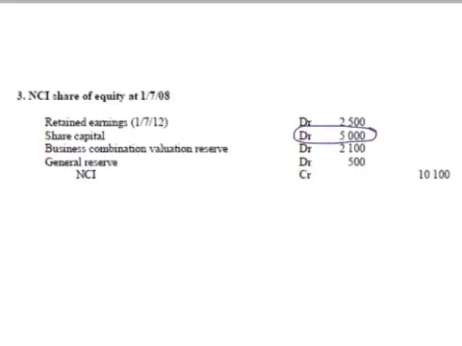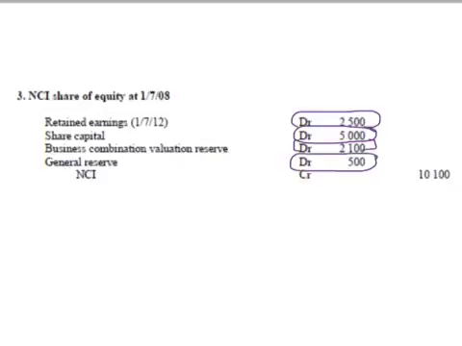Retained earnings on acquisition date was $10,000. So if we divide that by 4 or multiply it by 25%, that gives us their share in the retained earnings. Then the general reserve of $2,000. They are entitled to $500 of that. The BCVR has been calculated, and 25% of that is $2,100.